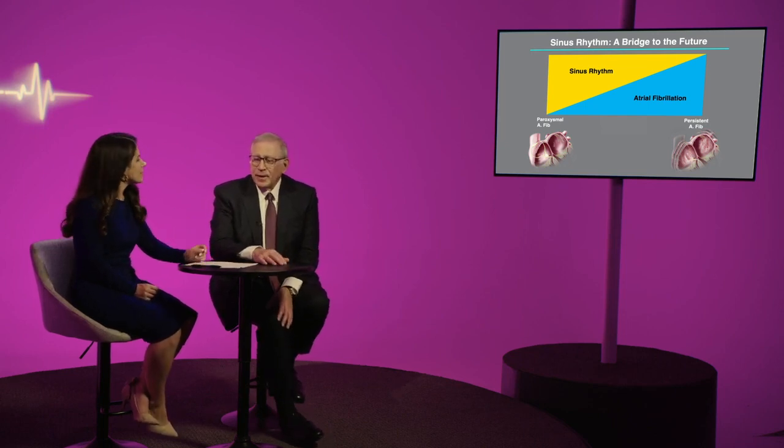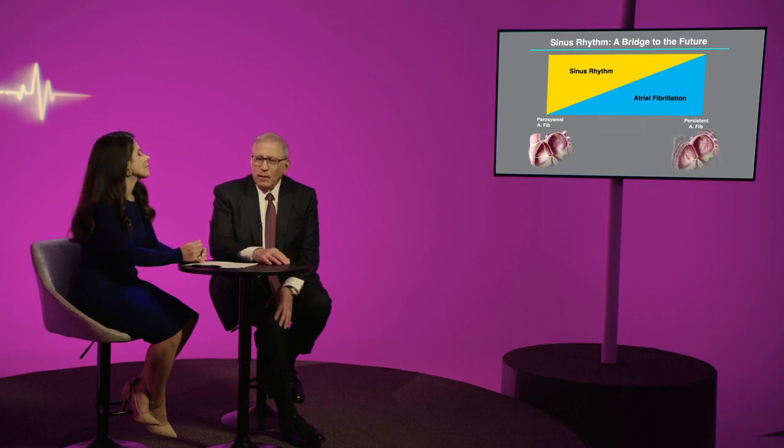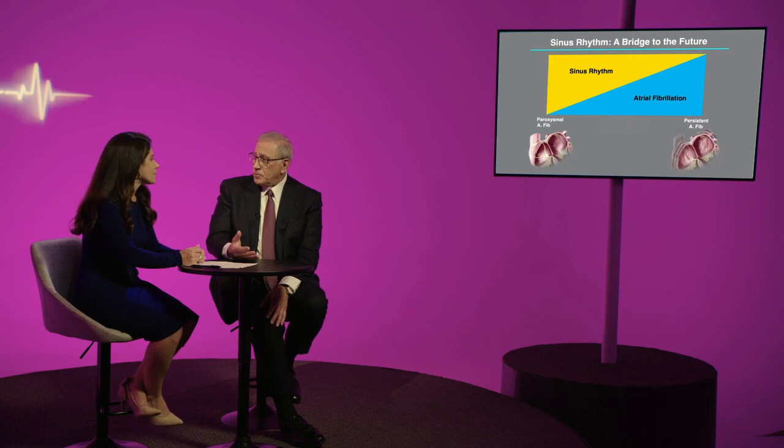Yes, that's a concept I came up with a number of years ago when I was trying to explain to a patient in my office who was having minimal symptoms, but they were kind of young, in their 50s, which is young for me. I knew that they may need normal rhythm 20 years from now, 15 years from now, and in my discussions, I came up with this term, bridge to the future.